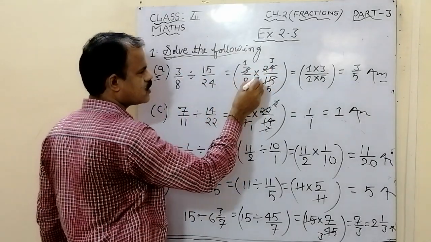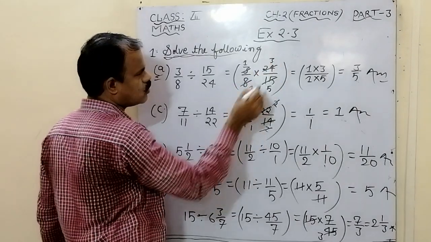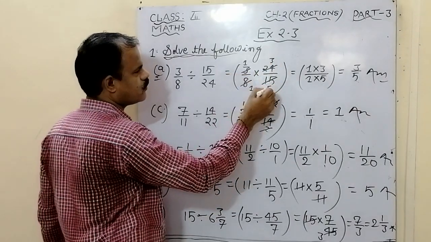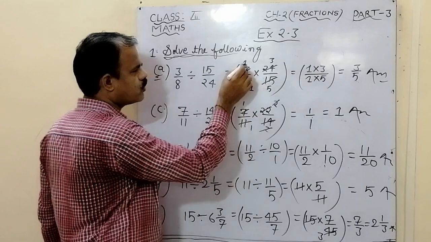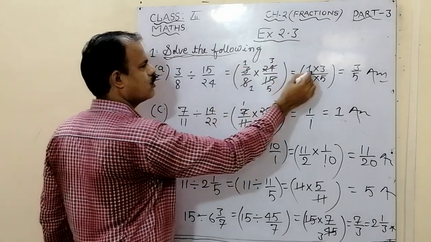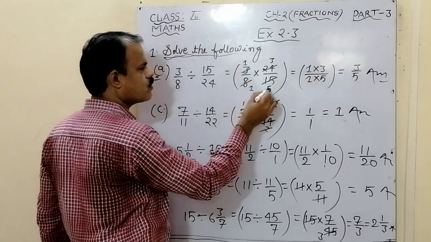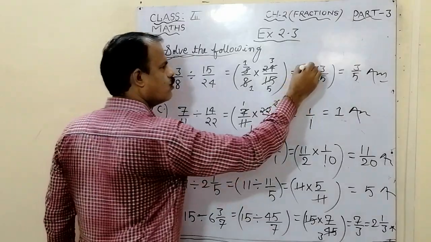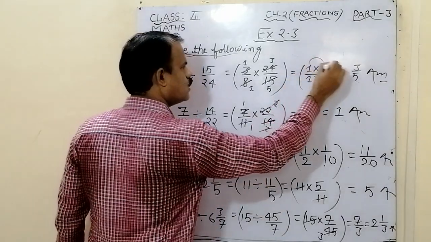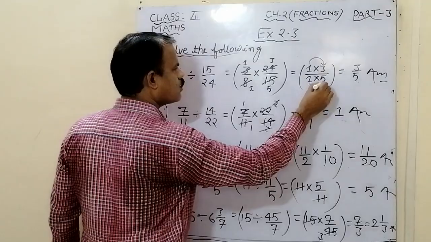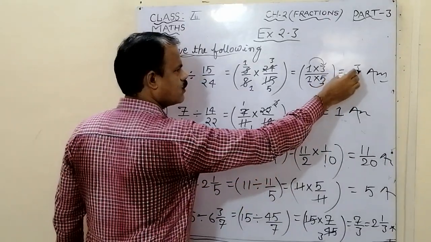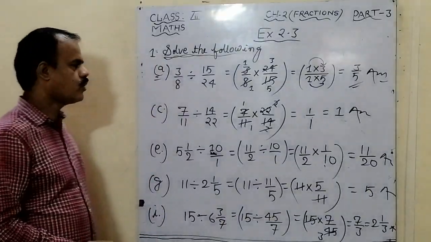Now we have to cut: 8 ones are 8, 8 threes are 24, 3 ones are 3, 3 fives are 15. So at the numerator place 1 multiplied by 3, denominator place 1 multiplied by 5. It becomes 3 and 5. So 3 by 5 is the final answer.